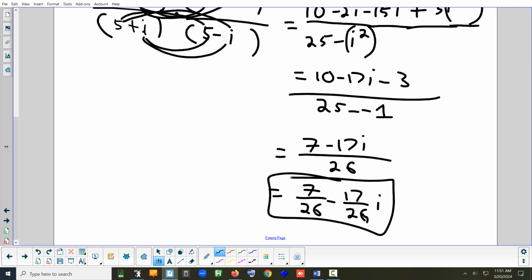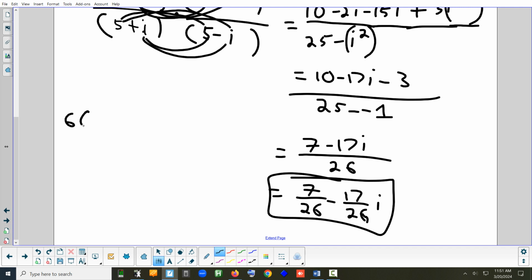We had to conjugate, we had to FOIL the top, FOIL the bottom, change the i squareds to -1, combine like terms with the reals and the imaginaries, then split it into 2 fractions. A lot of steps. Now, let me write something in trig form and show you. It's not going to be equivalent to the problem we just did. I'm going to make up something different. But let me show you how quick I can do it.